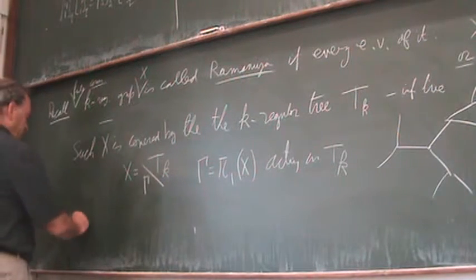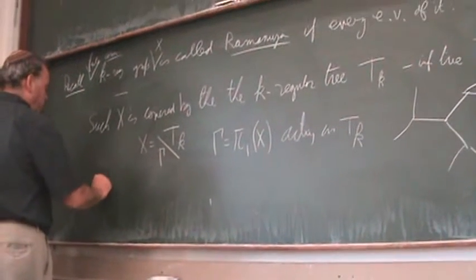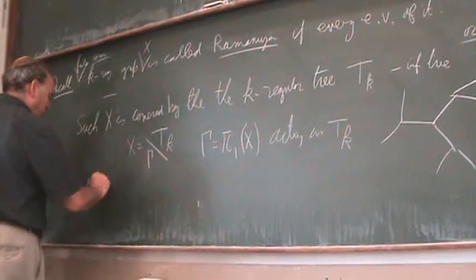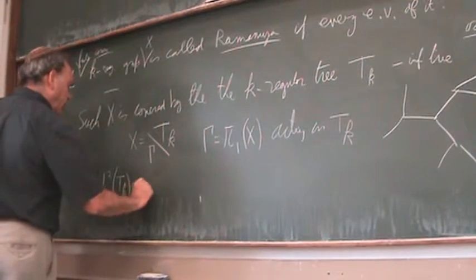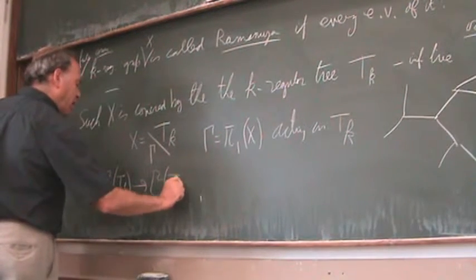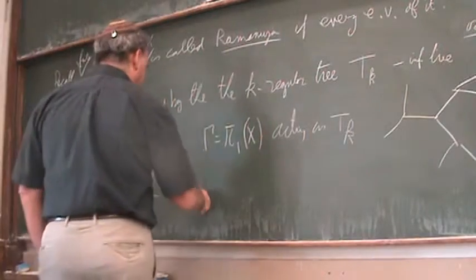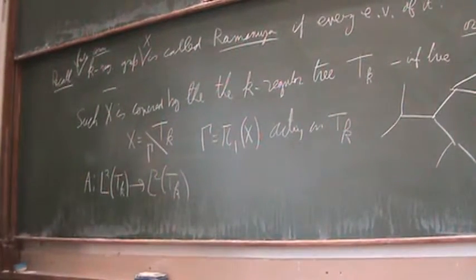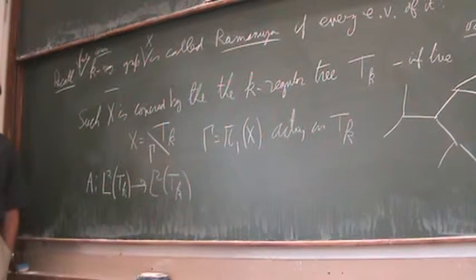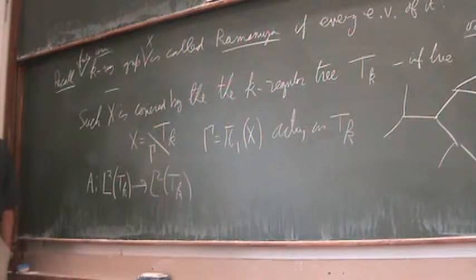But here's the point. Look at the operator A from L2 of T_k to L2 of T_k. L2 of T_k means L2 functions on the vertices. So these are complex functions such that the sum over the vertices of the squares is finite.